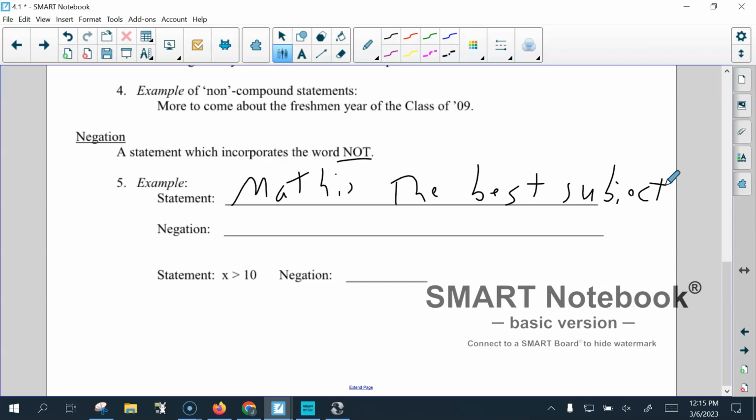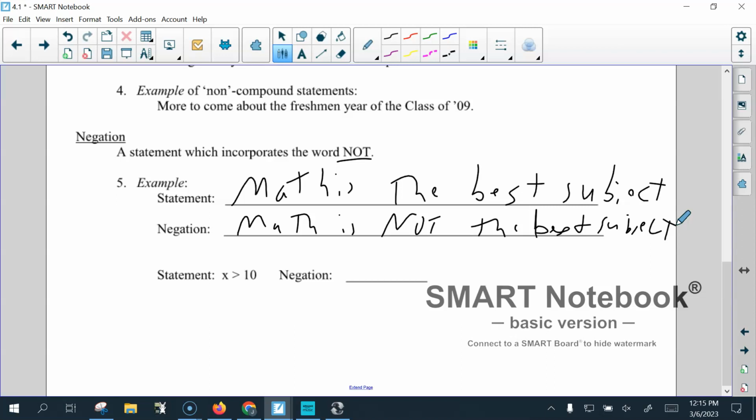But the negation would be, math is not the best subject. So it's kind of like dealing with a toddler. You tell a toddler, hey, it's sunny outside. No, it's not. They just like to negate you. Once they learn that word, they love to use it all the time.